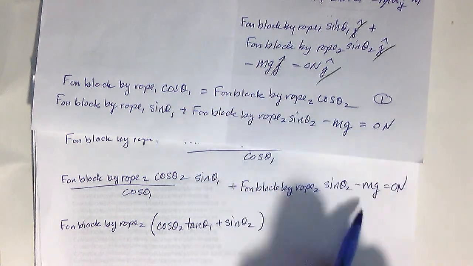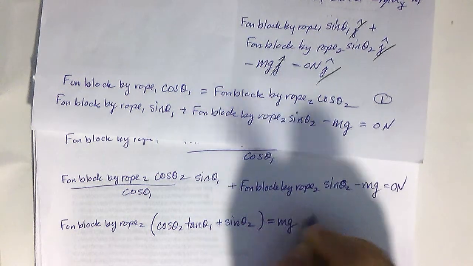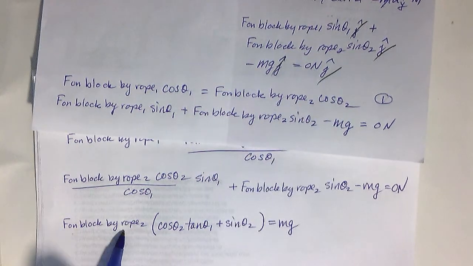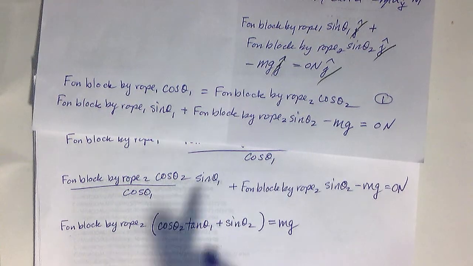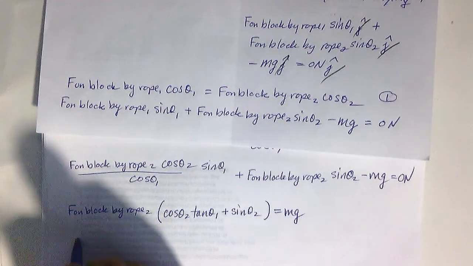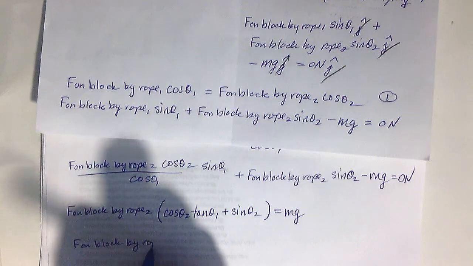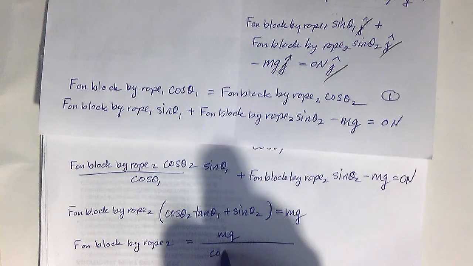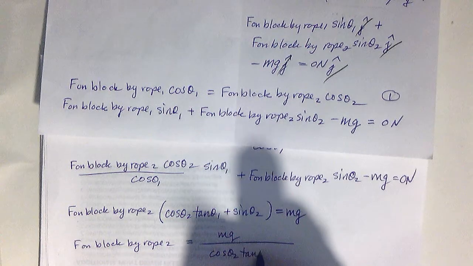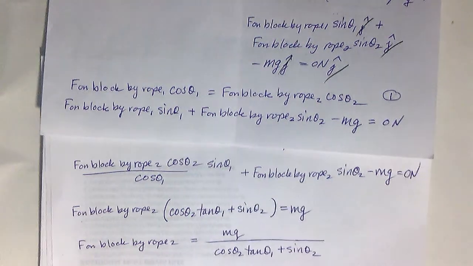Then I'm going to bring this over to the other side, because I am trying to solve for the force on block by rope 2. So I divide both sides by this factor, and I end up with force on block by rope 2 is equal to mg divided by cosine theta 2 tangent theta 1 plus sine theta 2.